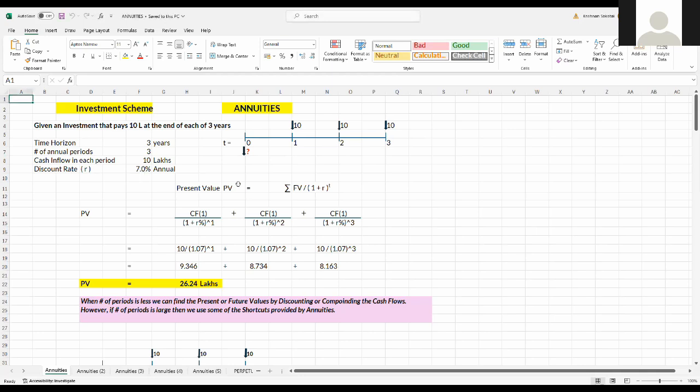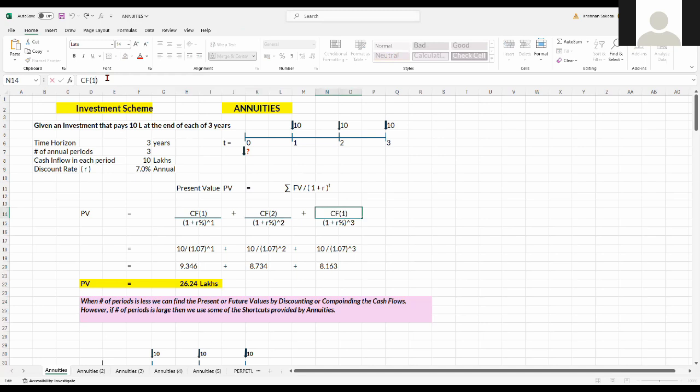So as before, we calculate the present value of each of these cash flows, and then sum them together. Cash flow one is denoted by this. This should be cash flow two, for example. So this is the present value of cash flow two, and this is the present value of cash flow three.